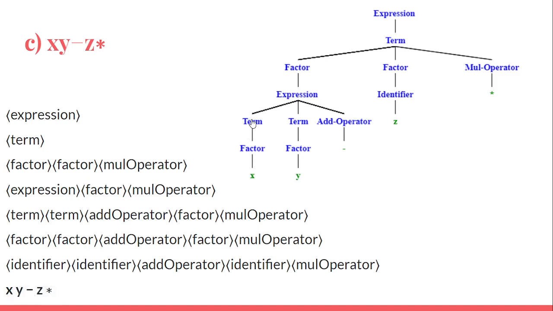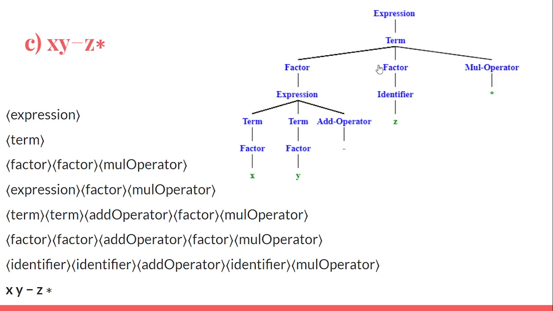Then this term will be replaced with factor, and factor will be replaced with identifier, and then x will come. Again, after that this other factor is also replaced by identifier, with y, as we required x and y. And this add operator is replaced with a minus sign, which gives the third character of the string.